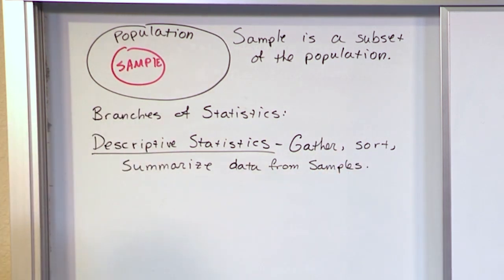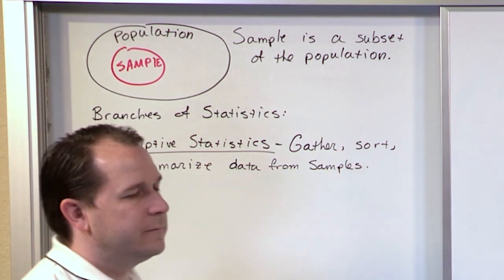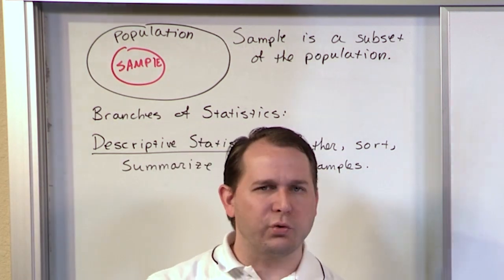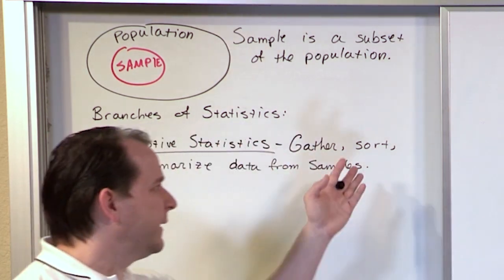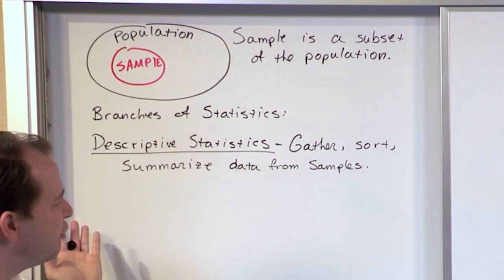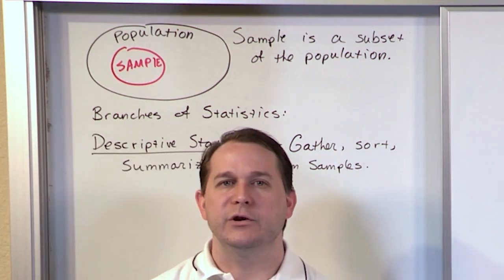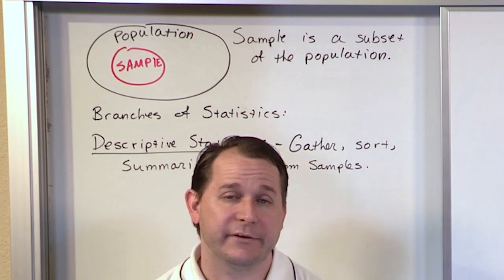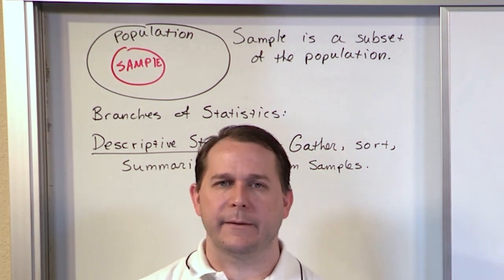So that's when you're describing something, right? You gather data from a sample, you sort it, maybe you put it in ascending order or something like that. You summarize it, maybe there's a chart or a graph that you put together, or a table or something like that, and you're describing something from that data.